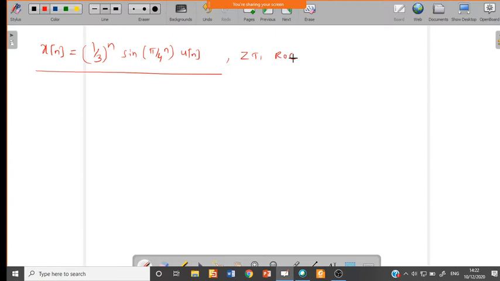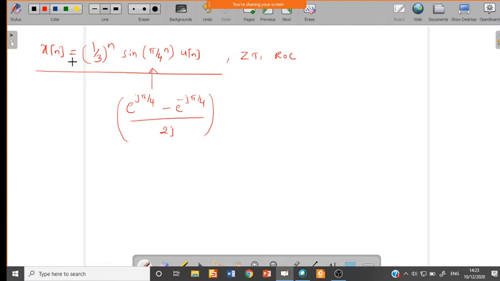Now express this sine in terms of exponential signals: e power j pi by 4 n minus e power minus j pi by 4 n, divided by 2j. You can replace the sine signal with exponential signals, then you can write the z transform. So what is x of z?